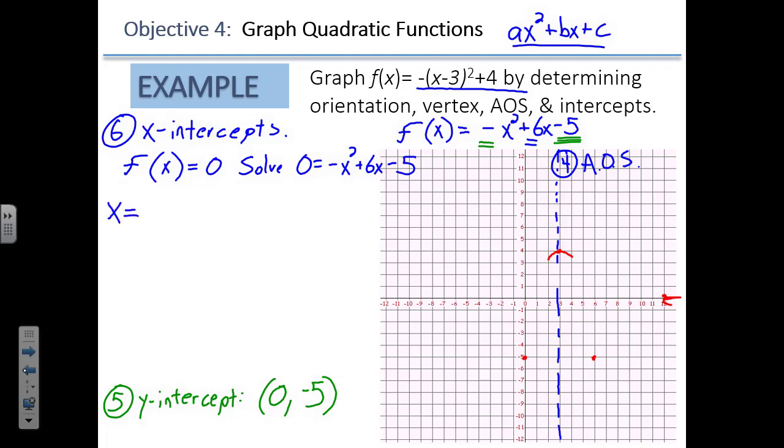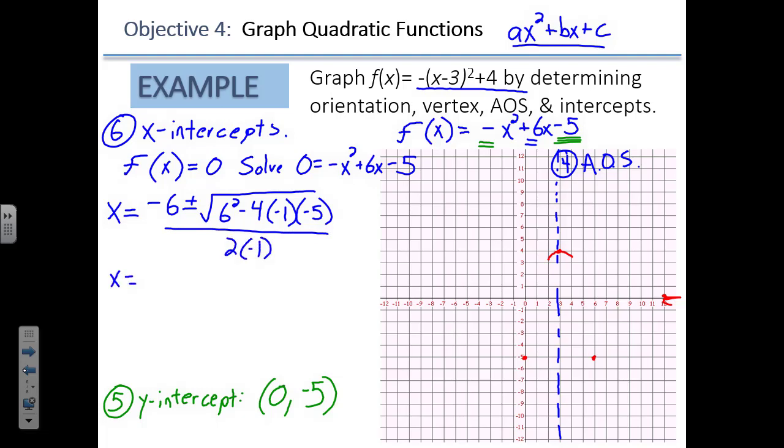x equals, I won't write out the quadratic formula, we've used that a bit. x equals negative b, which is 6, plus or minus the square root of b, which is 6 squared, minus 4 times a, which is negative 1, times c, which is negative 5, all over 2 times an a value of negative 1.